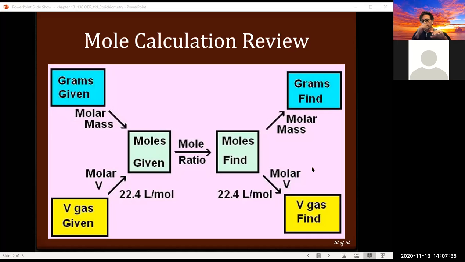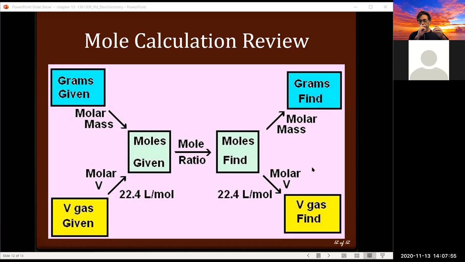And this particular flow chart is important. You grasp this flow chart right here. You should not have any problems, hopefully, with going from point A to point B. And the thing to remember, you always have to go through moles.